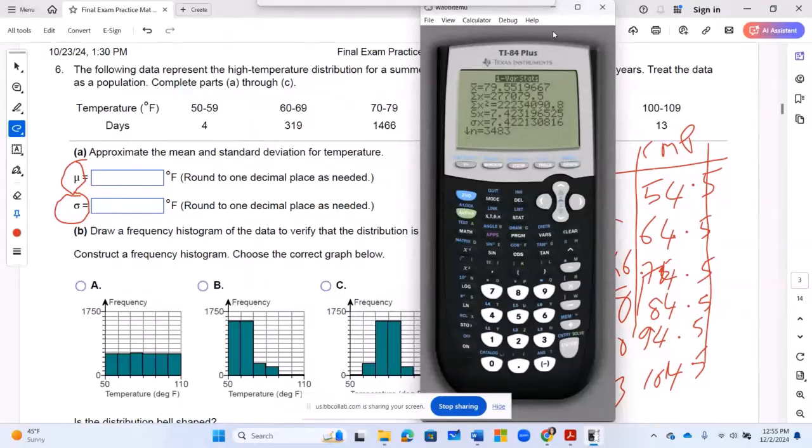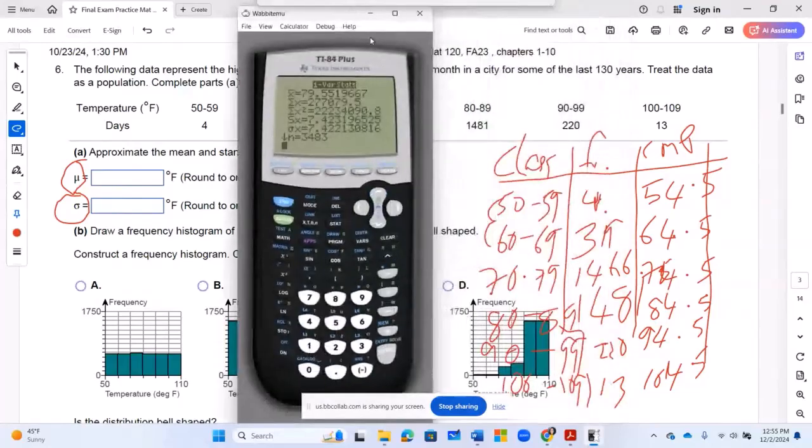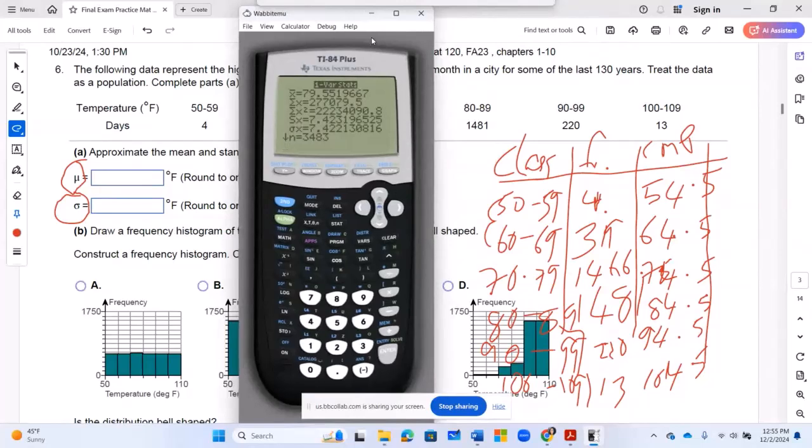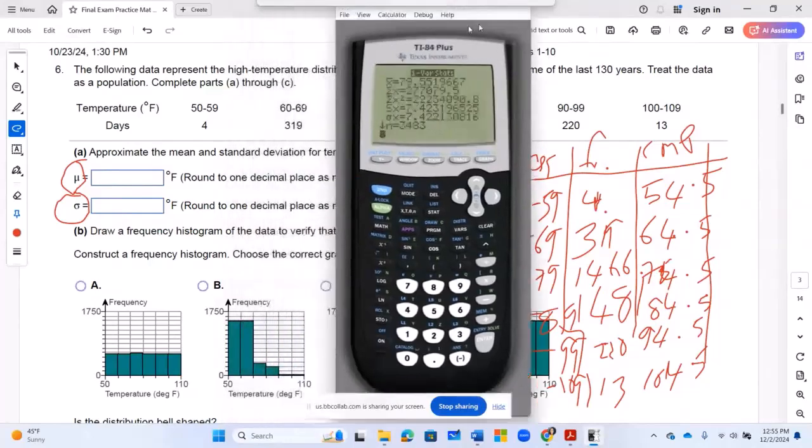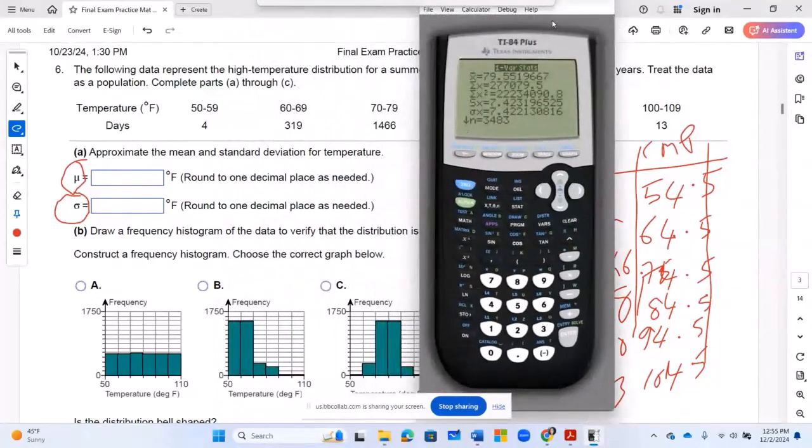Round to one decimal place as needed. So the mean is 79.6. I hope you agree. And I'm told to find the population standard deviation, and I have 7.4 for the population standard deviation.